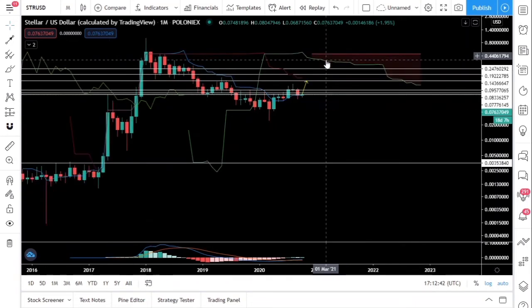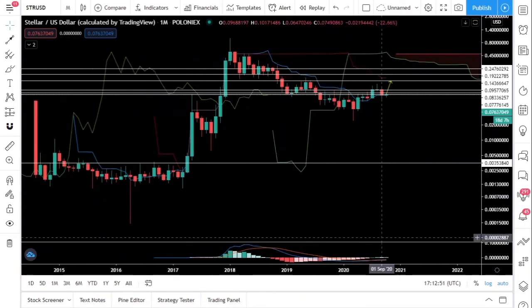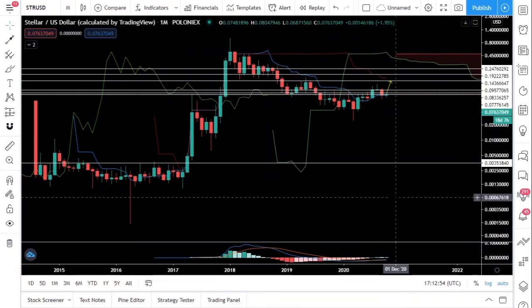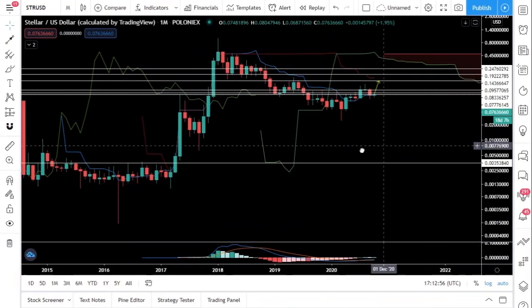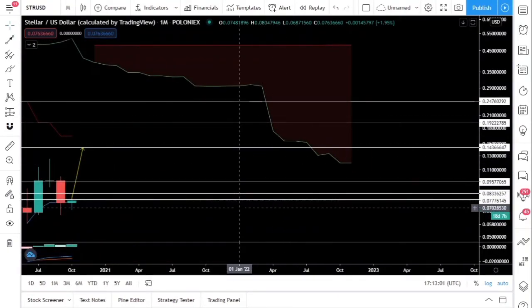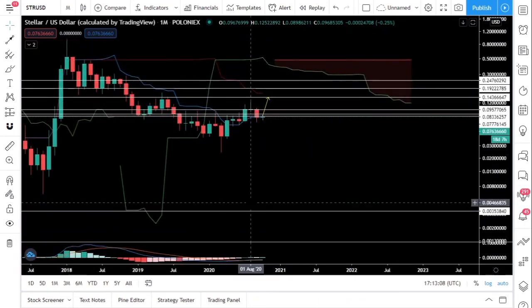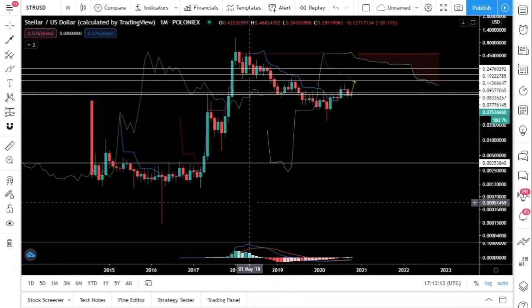I would start getting rid of my Stellar for Bitcoin or Ethereum or USD if I'm cashing out, because of this heavy resistance at 50 cents. And of course, it touched $1 in the past as well, but I won't hold onto it for so long. I would either convert to Bitcoin or Ethereum and then ride the wave. We have very strong resistance between 14 cents and 19 cents on the monthly.